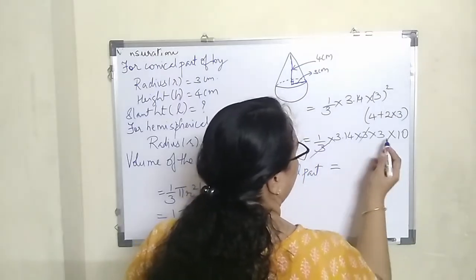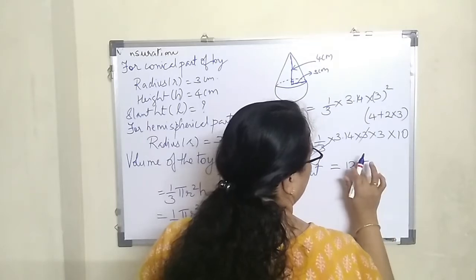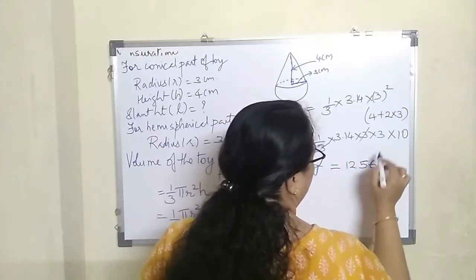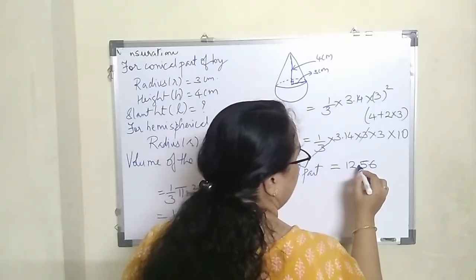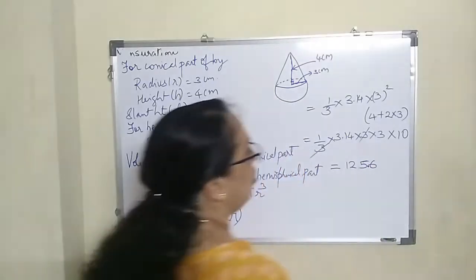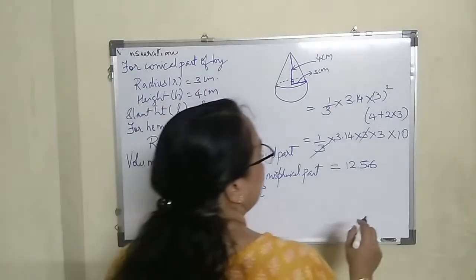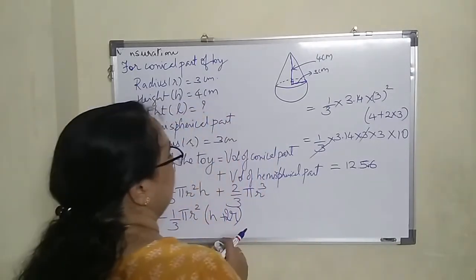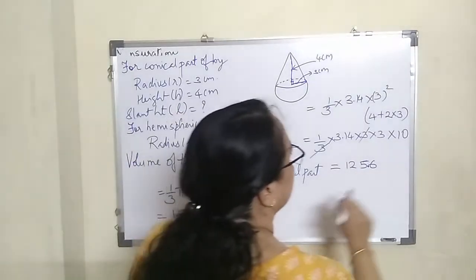So what do I have? First I multiply by 3. I get 12.56 when I multiply with this. So one place the decimal shifts, so it becomes 125.6 centimeter cube. Yes or no? Correct? Centimeter cube.